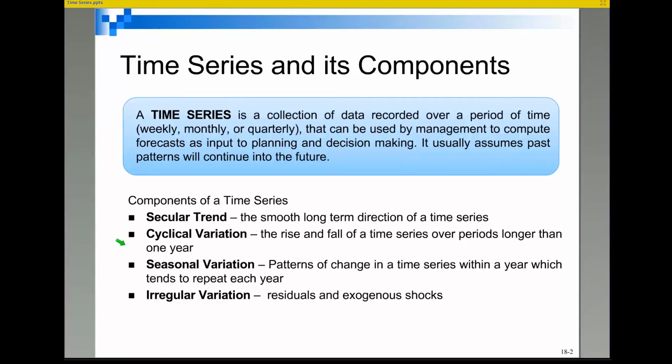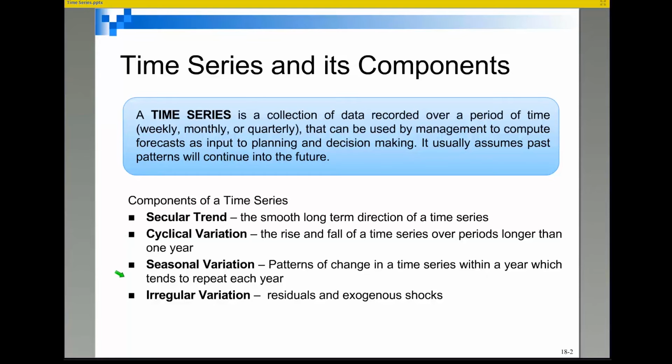Then our time series data can be affected by the business cycle of the economy, or actually our time series data will contain cyclical variation. Of course, sometimes you won't be able to see this very clearly, but using some techniques available in time series analysis, we will be able to single out this cyclical variation.